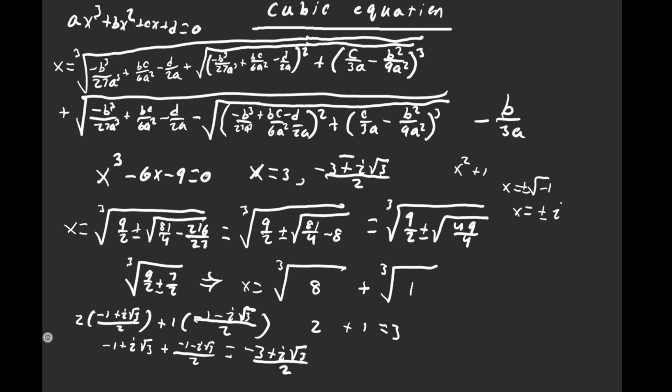And if you have a cubic formula with radicals, for example, the cube root of 1 over 9 plus the cube root of 5 over 9, you would basically have to multiply each by -1 plus i root 3 over 2, and by -1 minus i root 3 over 2 to get the other solution. That would give us the cube root of 1 over 9 times -1 plus i root 3 over 2 plus the cube root of 5 over 9 times -1 minus i root 3 over 2.